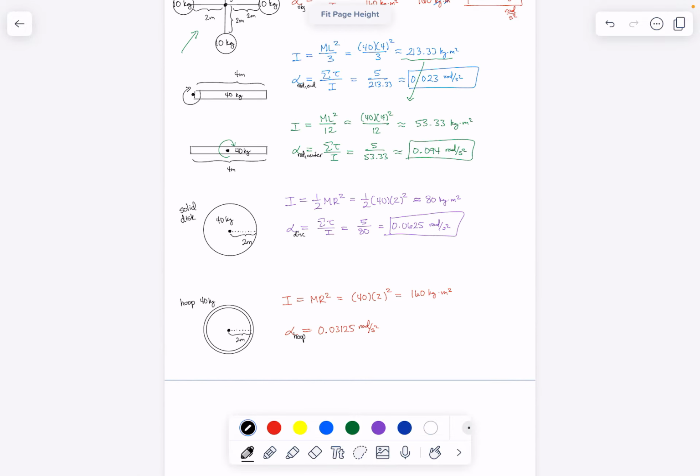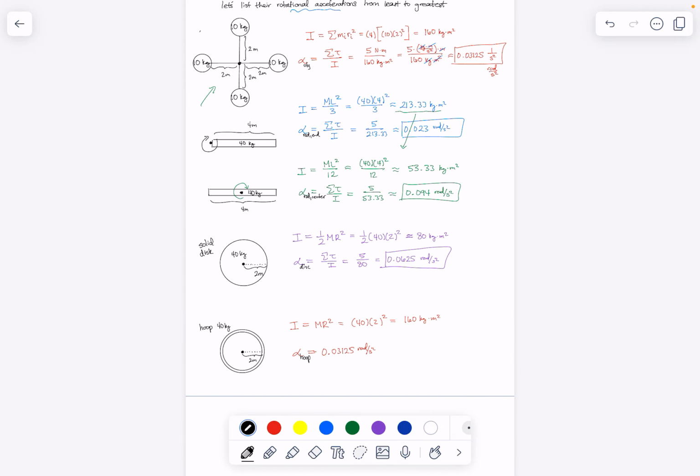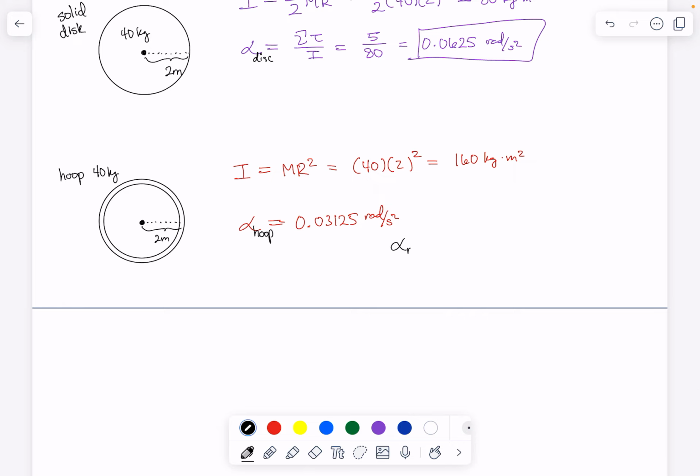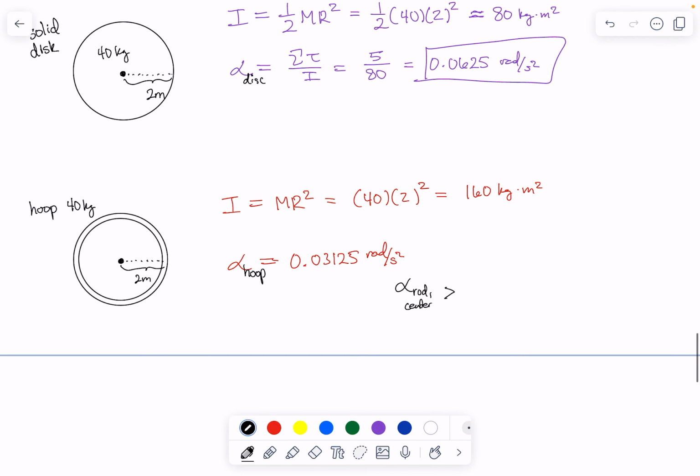So which one was the biggest? That was the rod. Let's see. That would be the rod with the axis at the center. That was the biggest alpha. Second biggest was, it looks like, the disc. Alpha of the disc.